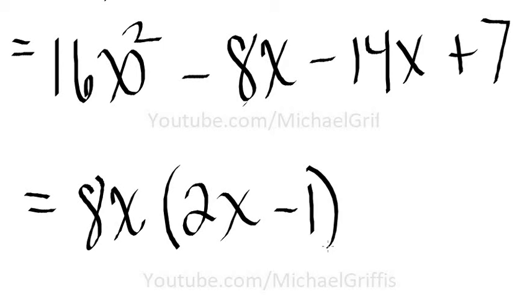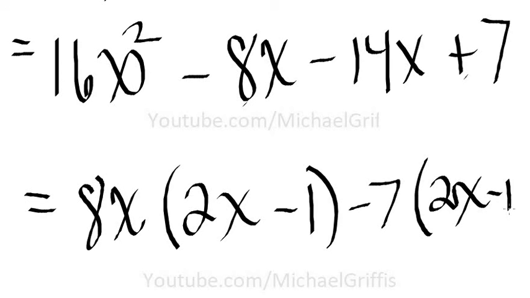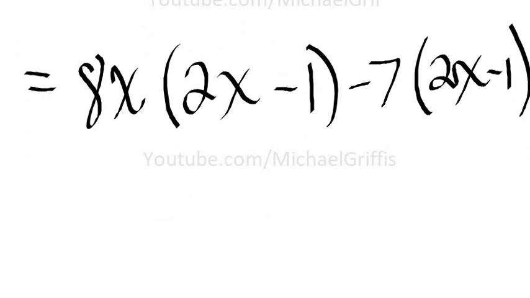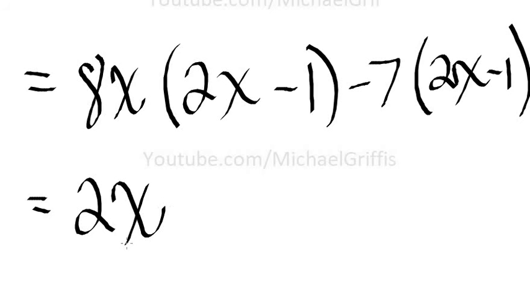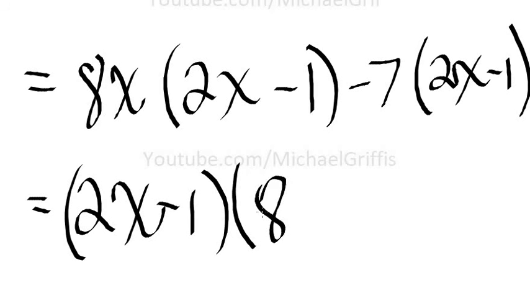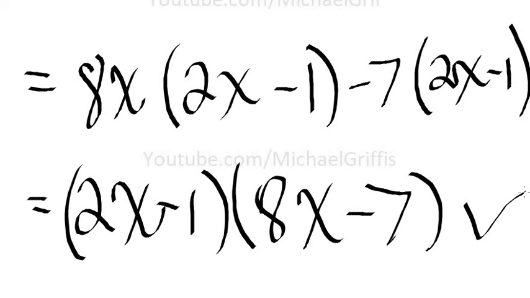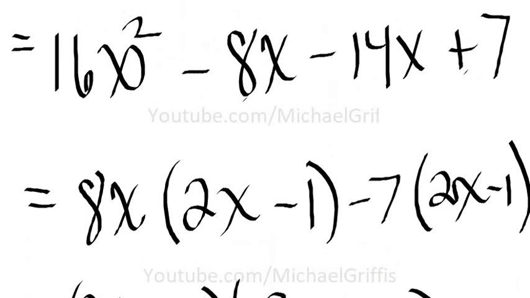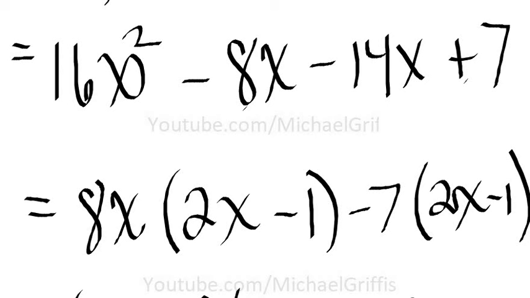And that's a minus, that's a plus, so we're going to have to factor out 7, 2x minus 1. Right, want to pull that out, so we're left with 8x minus 7 to be completely factored. Chances are you'll be just given this and go from there.